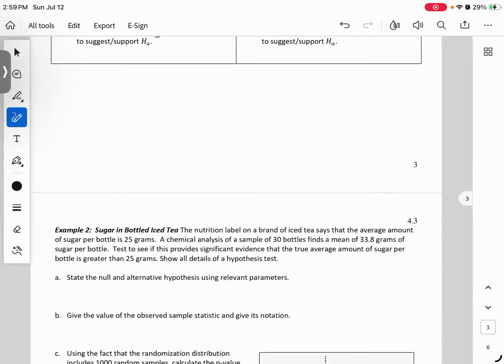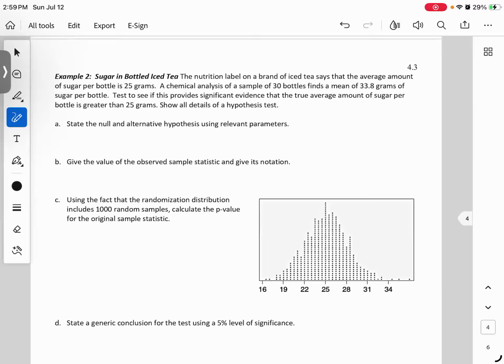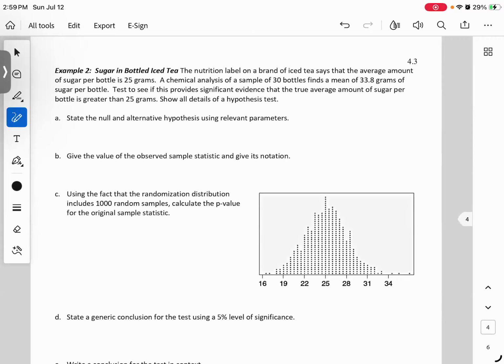So let's go and start using that in some real world examples. Now, on this one here, what I want you to do is pause the video, but read the prompt.